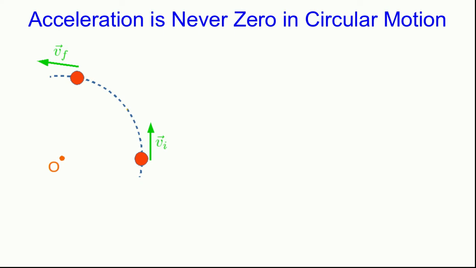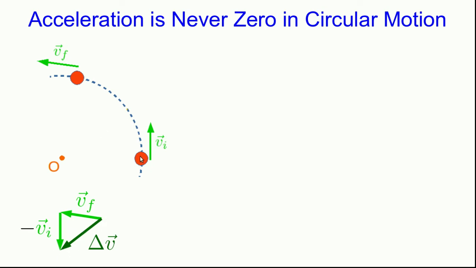So let's think about an object moving in a circle at constant speed. And here it is at some initial time with its velocity vector pointing this way, and here it is at a later time. And let's find the average acceleration through this time interval. Well, I'll pull out the 2 velocity vectors and we'll do exactly what we've done before. I'm going to subtract, so I'll flip v_i around and add it to v_f, and we get our change in velocity vector this way.